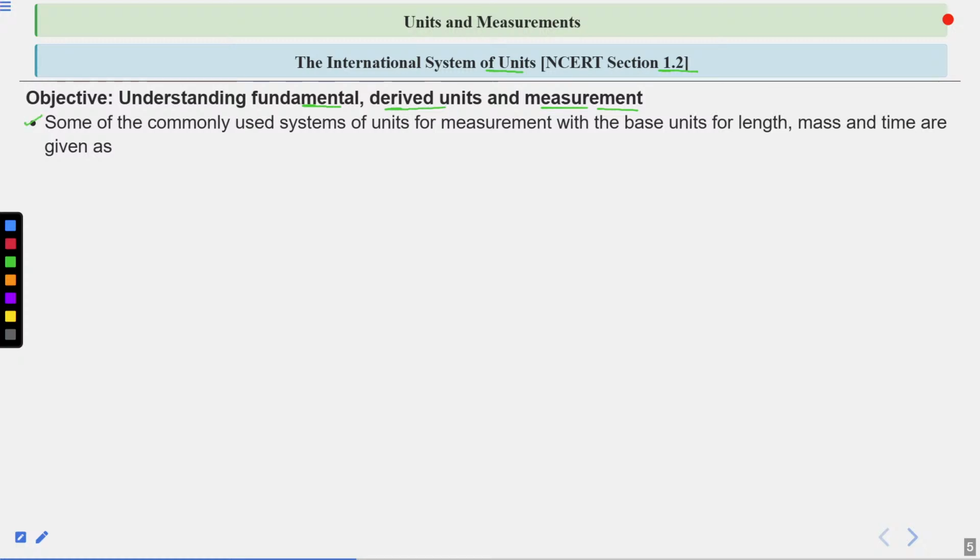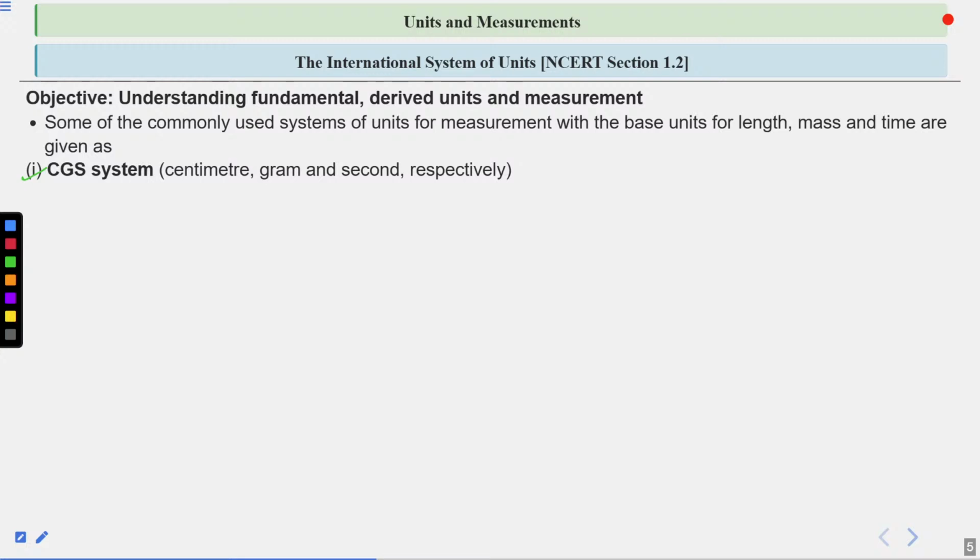Some commonly used systems of units for measurement, with the base units for length, mass and time, are given as follows.